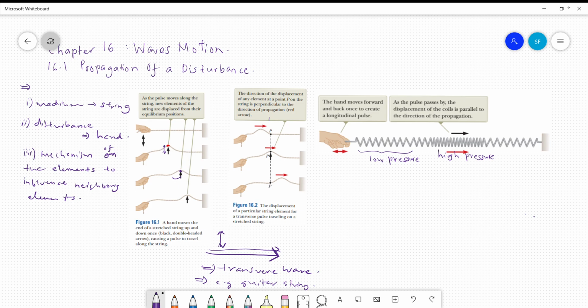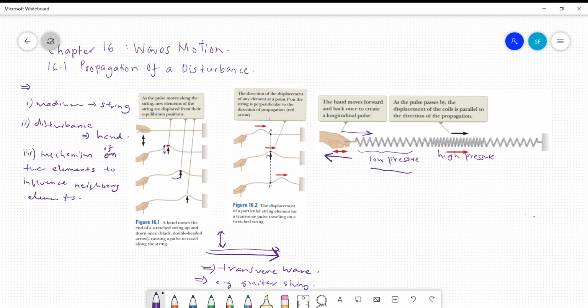If we pull it to the left, we stretch the spring. If we push it towards the spring, we compress the spring. So when the hand is moving forward and back, it changes the displacement of the spring.